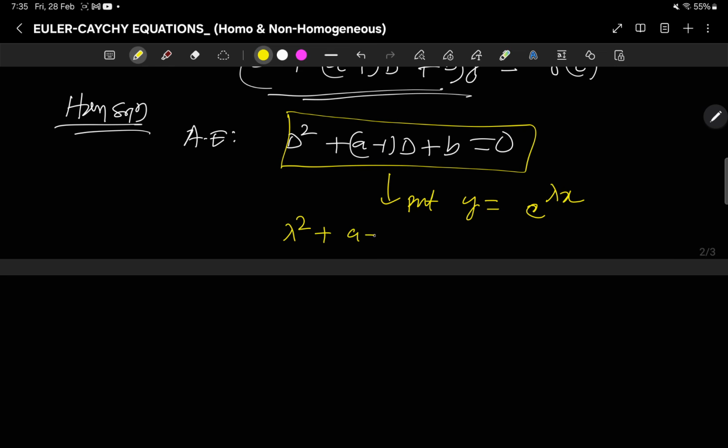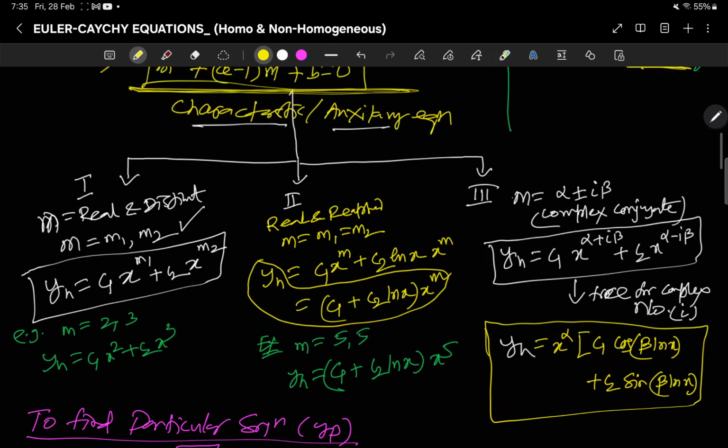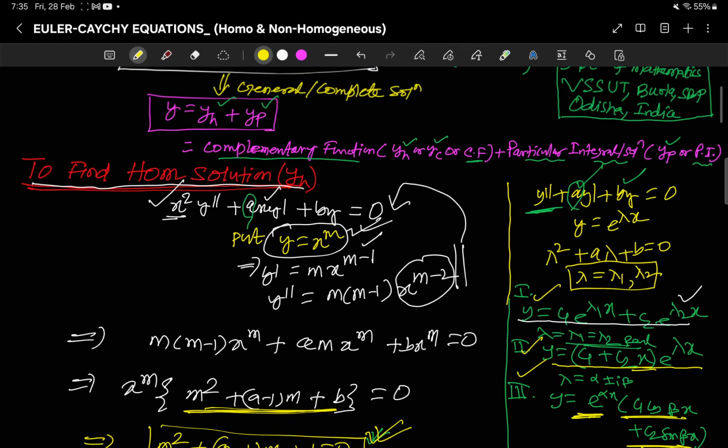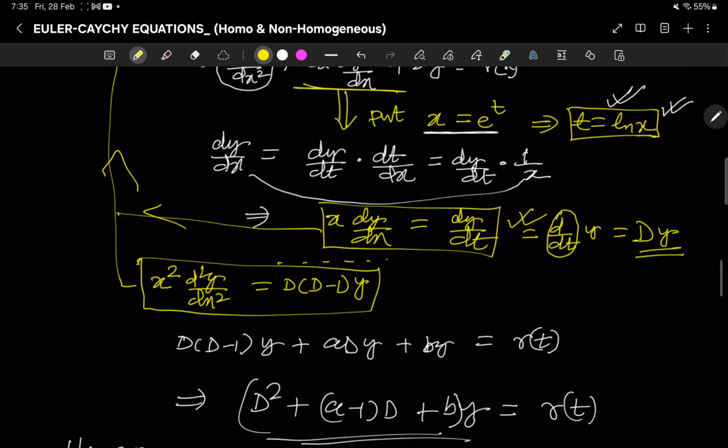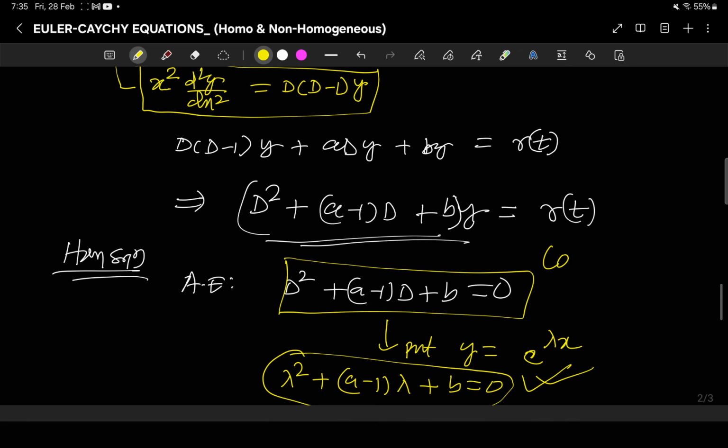Lambda square plus a minus 1 lambda plus b is equal to 0. Accordingly we will have the solution, which will be in line with the constant coefficient case. Now it is reduced to constant coefficient as we discussed earlier.